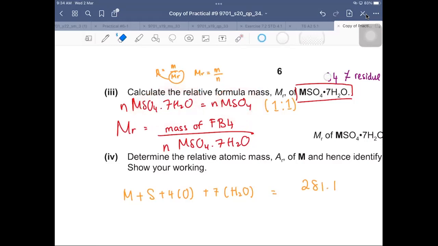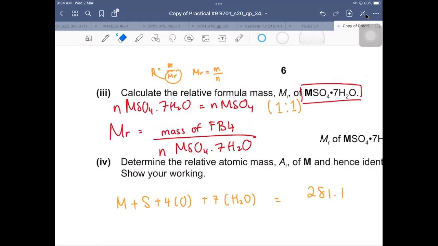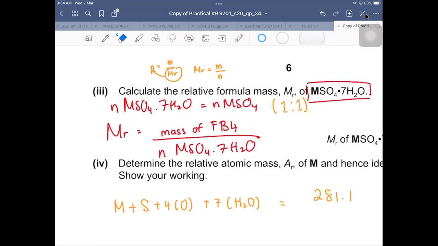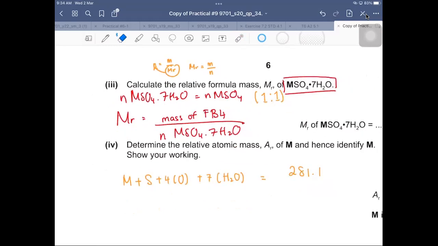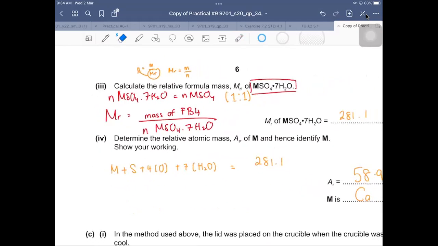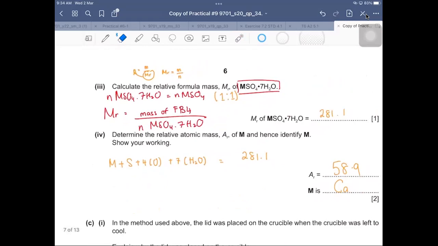But my point is residue and FP4 are not the same chemical. And then if you want to find the FR, it is the normal mole calculation, mass over number of moles. Once you find the FR, you can then work out the AR of M.